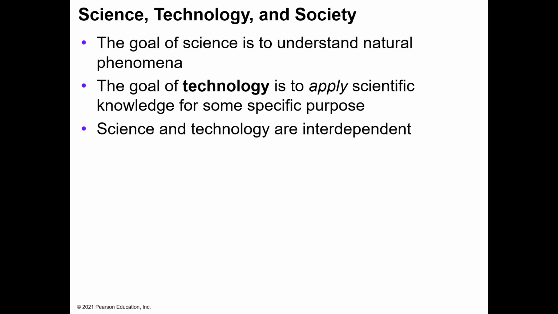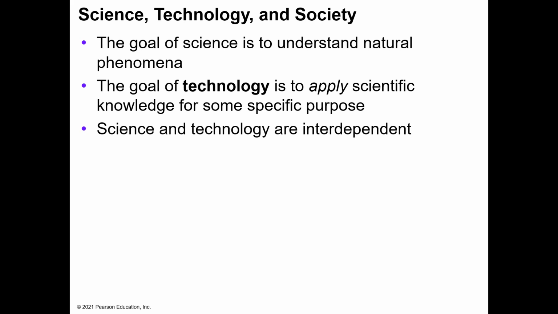One of the benefits of science and one of the catch-22s of science is technology and society. So the goal of science is to understand the natural phenomena that encase our world. The goal of technology is to apply scientific knowledge for some specific purpose. So science and technology are interdependent.